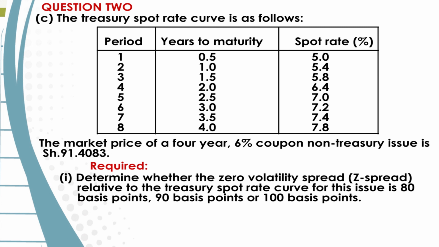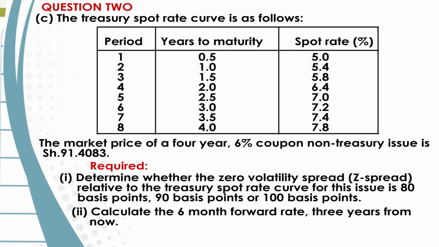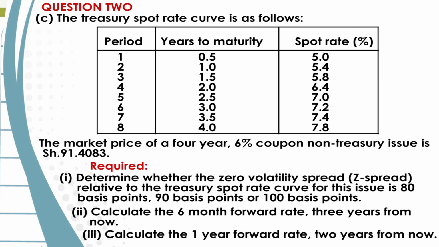Candidates were required to determine whether the zero volatility spread relative to the treasury spot rate curve for this issue is 80 basis points, 90 basis points, or 100 basis points, 4 marks. Roman 2, calculate the 6% forward rate 3 years from now, 3 marks. Roman 3, calculate the 1-year forward rate 2 years from now, 3 marks. That is the question.